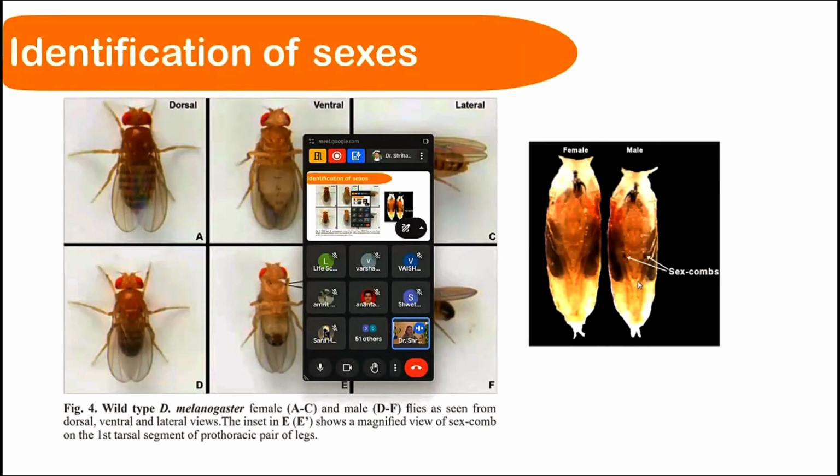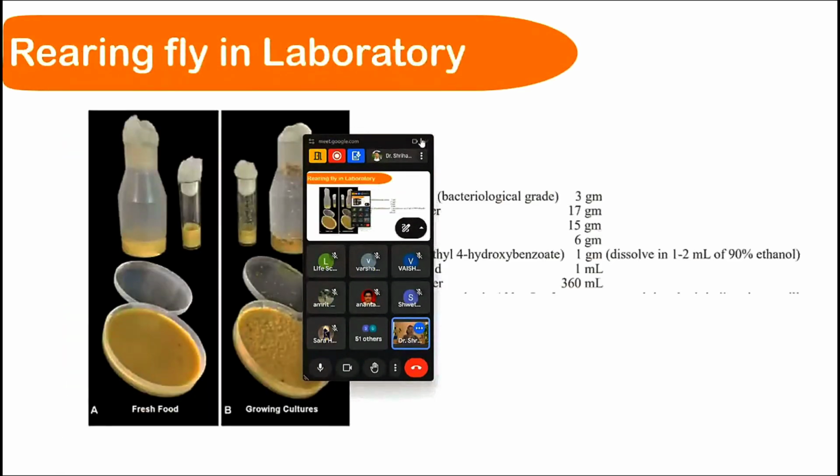So you need not wait for the fly to emerge, right? Even at the pupal stage, you can identify whether it is a male or a female. So that actually will help you to separate the male and female even at early levels. This is one advantage with Drosophila.